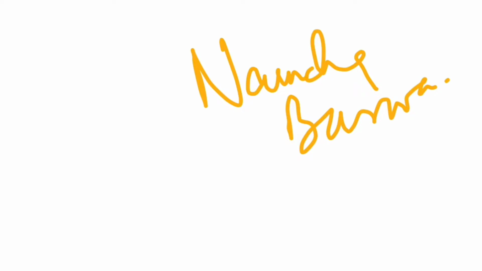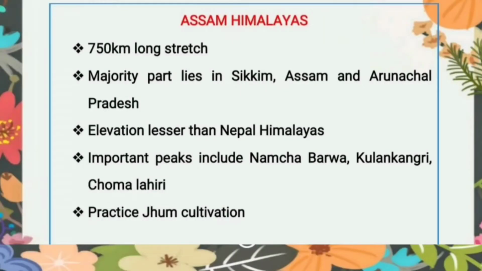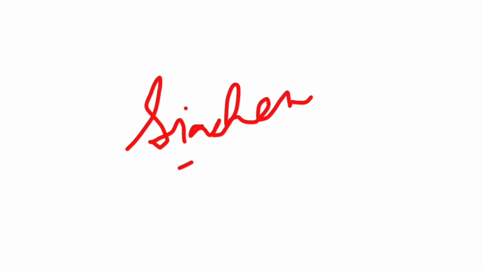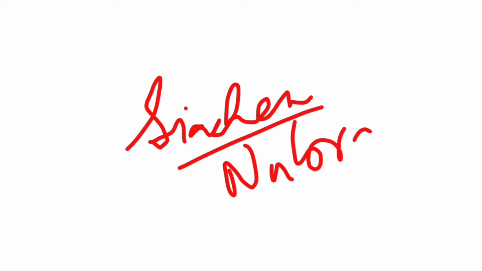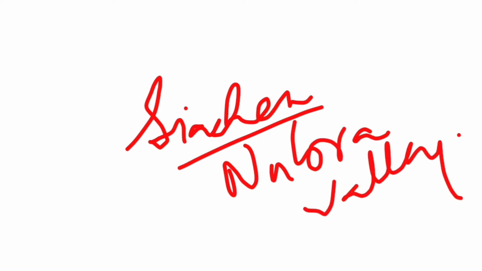Where the Himalayas go southward, they enter into the territory of Myanmar. So this we can say, and there are some important factors regarding Himalayas. Himalayas are home to the glaciers, and you should also be knowing that Siachen lies in the Nubra Valley. You should remember this, that Siachen lies in the Nubra Valley, and there is another glacier known by the name of the Fedchenko.